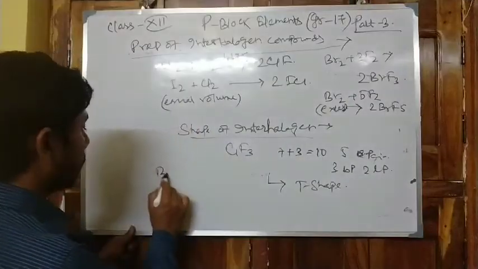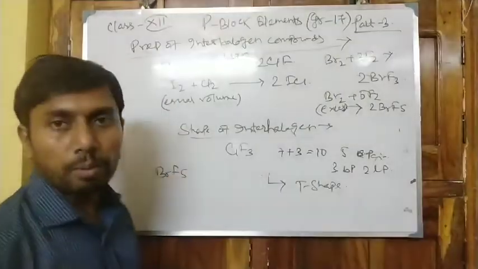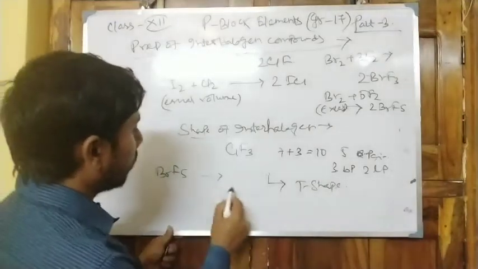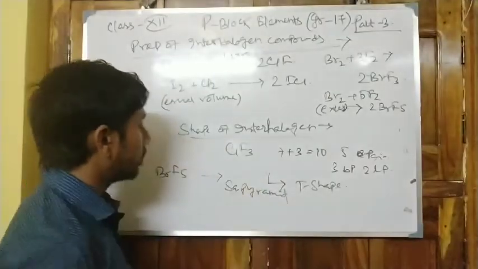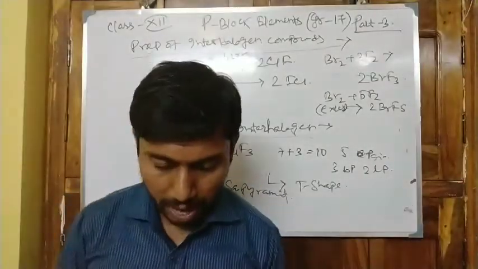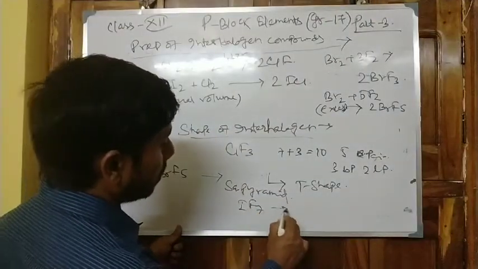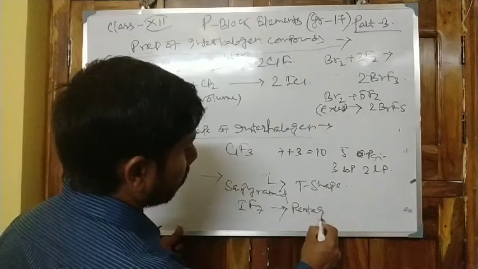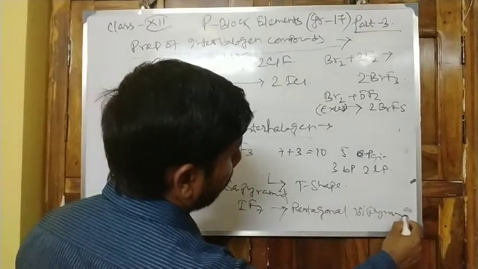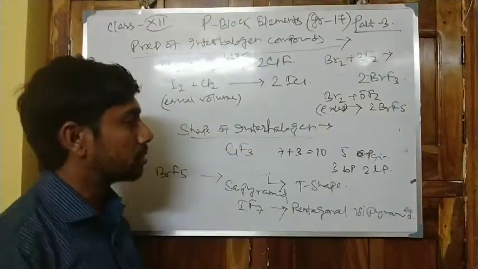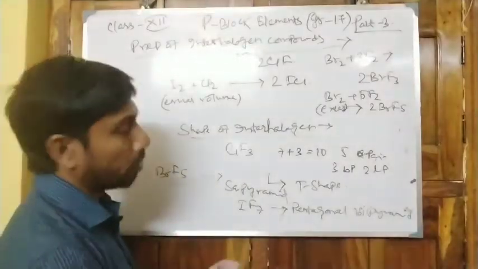BrF5: here 7 plus 5 is 12 electrons, with 5 bond pairs and 1 lone pair, forming a square pyramid. So ClF3 is T-shaped, BrF5 is square pyramidal. What is the shape of IF7? IF7 is pentagonal bipyramidal. So by using the easy rules of VSEPR theory, we can predict the shape of interhalogen compounds.